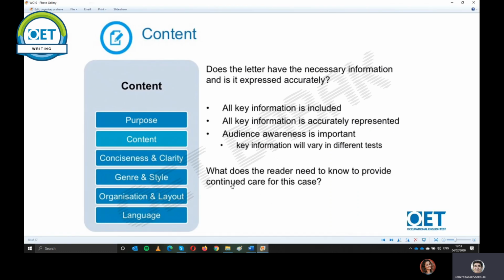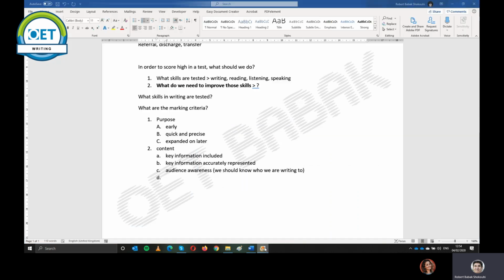We need to answer this question: what does the reader need to know to provide continued care for this case? So the reader can change. So what the reader needs to know to provide continued care for this case.